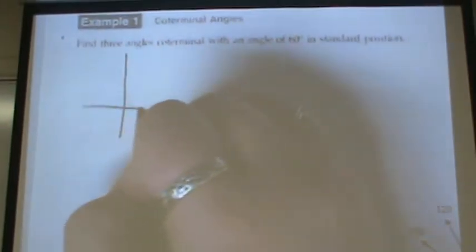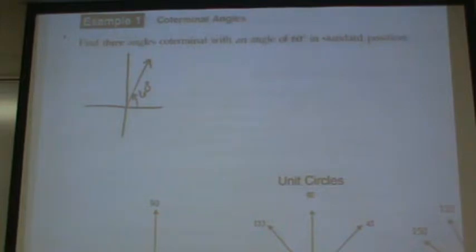That's important for our first example, which asks us to find 3 angles that are coterminal with the angle 60 degrees in standard position. Our 60 degree angle would be here.